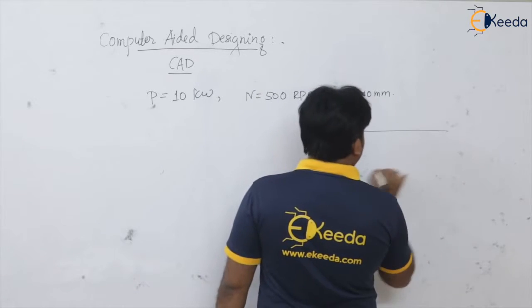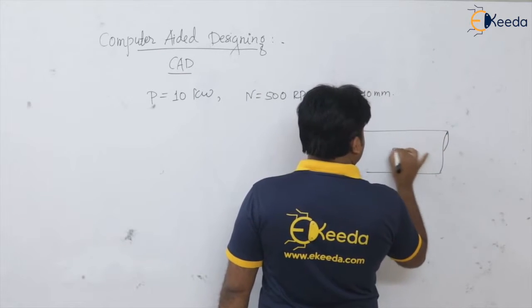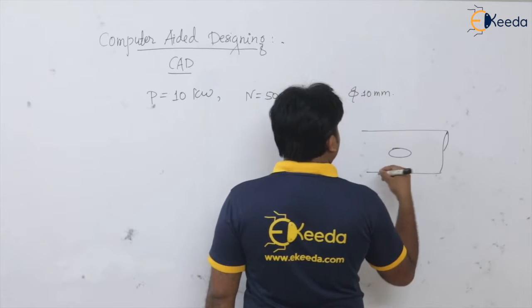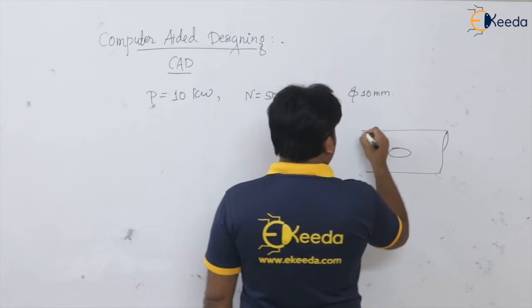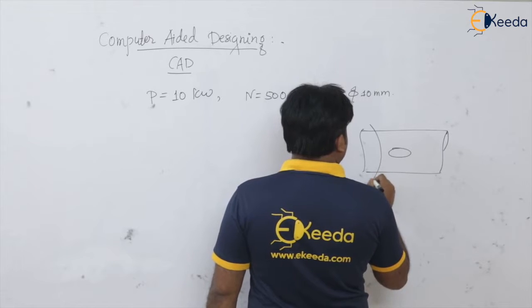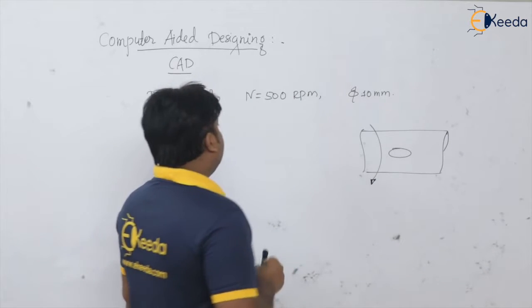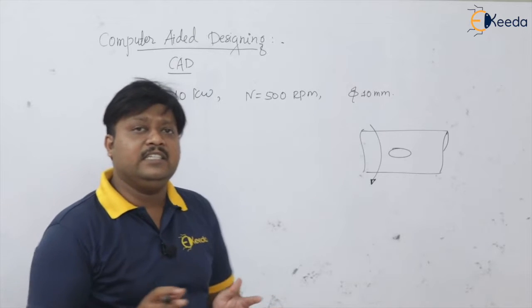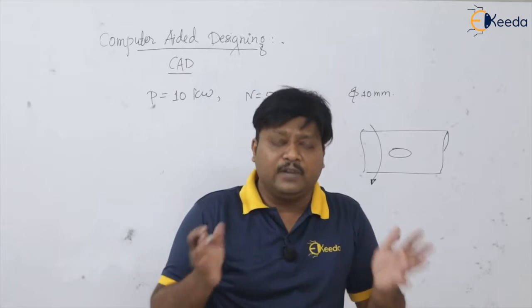So this is a shaft, and it is having this cross hole of phi 10 mm.